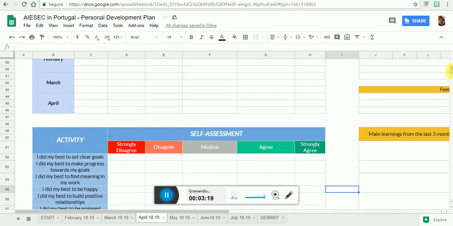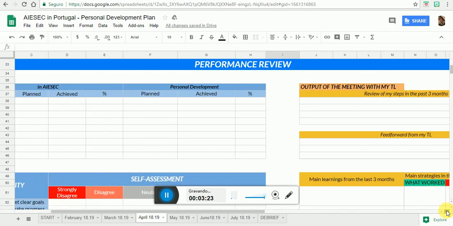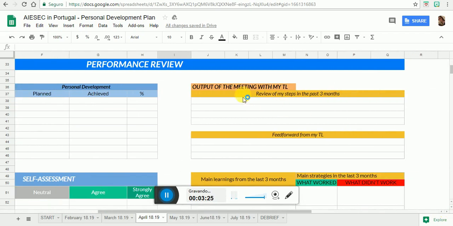And here we can see we put a space for output. So how was the meeting with your TL or your VP, your leader? It's a space of review. So what did we do in the past 3 months?